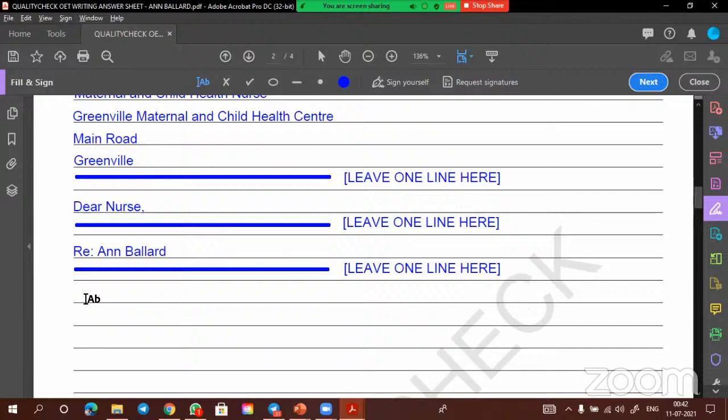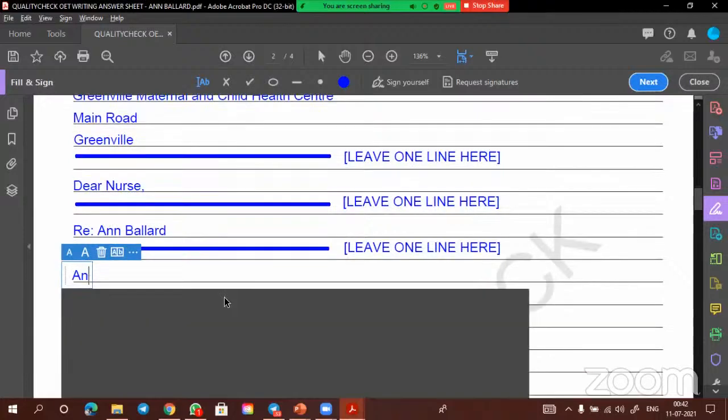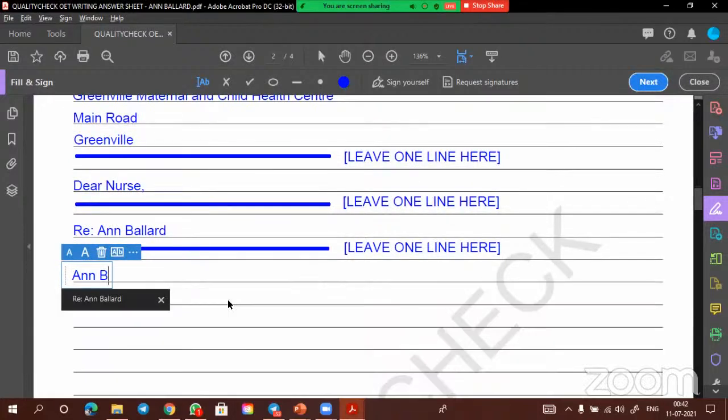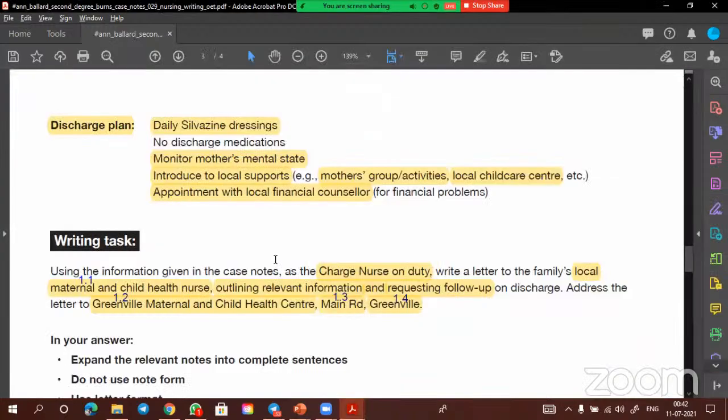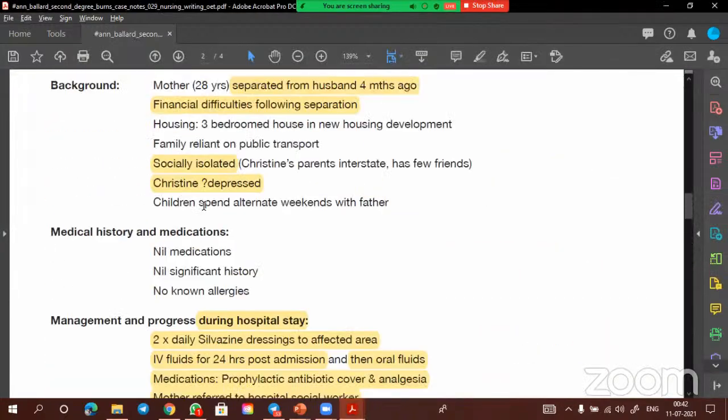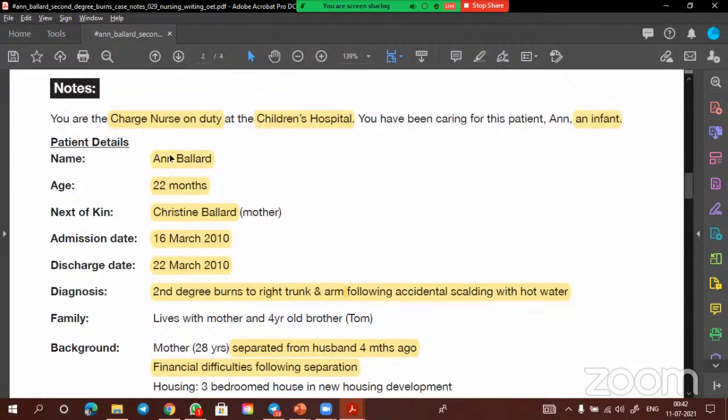Okay, next. Start from here once again. So, Anne Ballard, step by step. Anne Ballard was admitted on 16 March 2010 to the Children's Hospital.